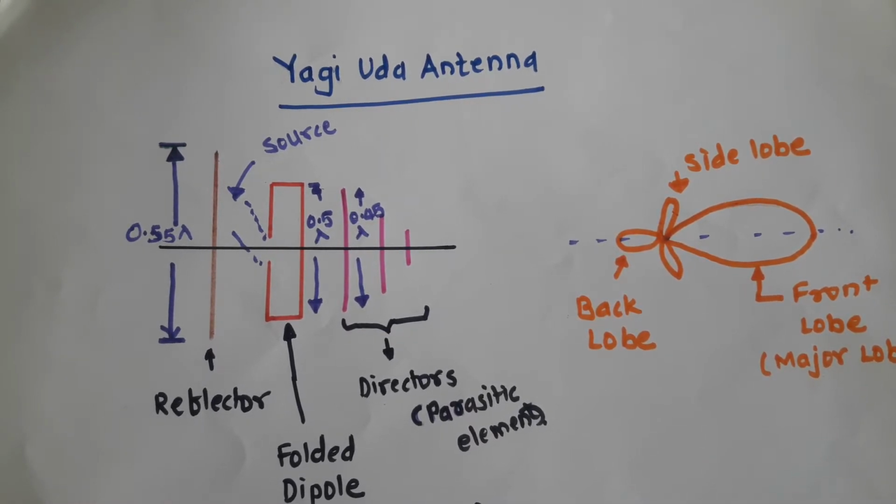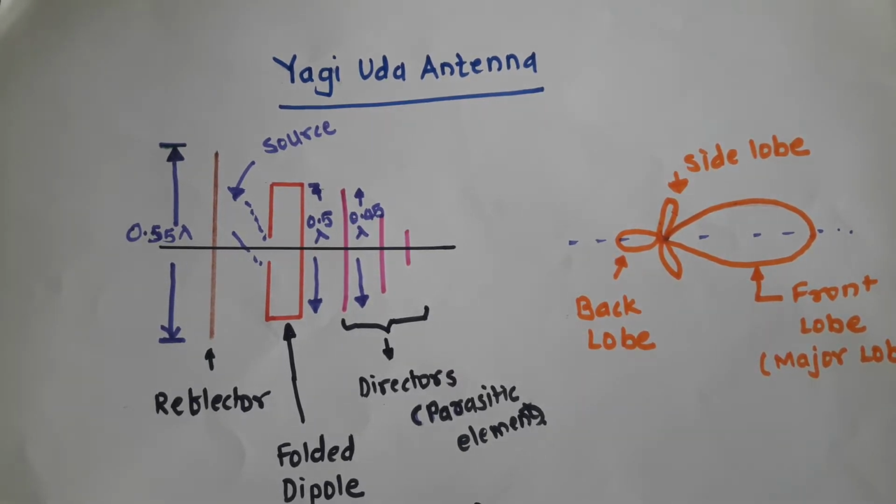Basically, this antenna was designed by Mr. Uda, but the description of this antenna was written in the Japanese language. Mr. Yagi updated this design, converted the whole research into the English language, and made some modifications. So it is a combined research of Yagi and Uda, and the name given to this antenna is the Yagi Uda antenna.